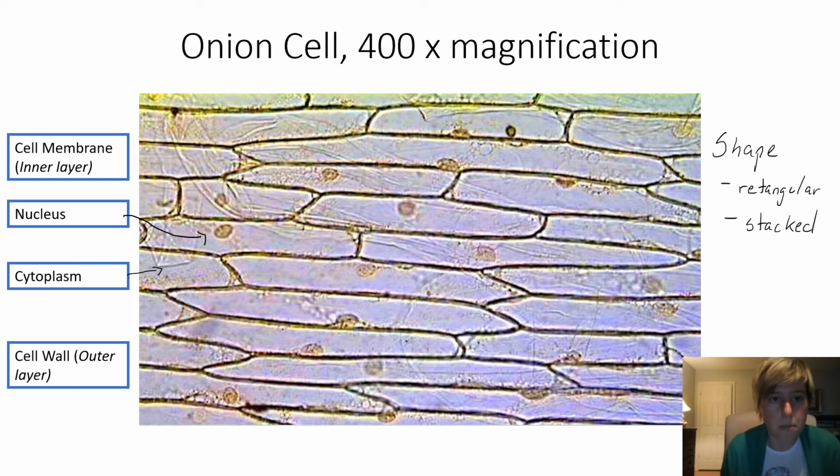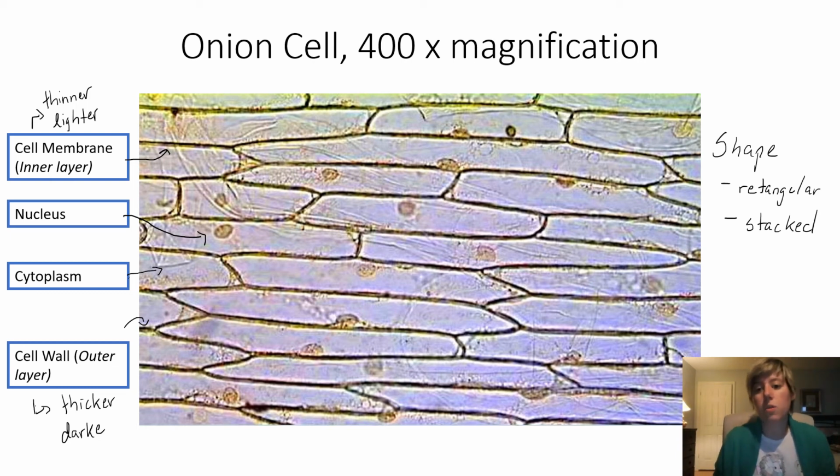So our cell membrane would be the inner layer, and the cell wall would be the outer layer. The cell wall is usually thicker and usually darker, whereas the cell membrane is thinner and lighter.